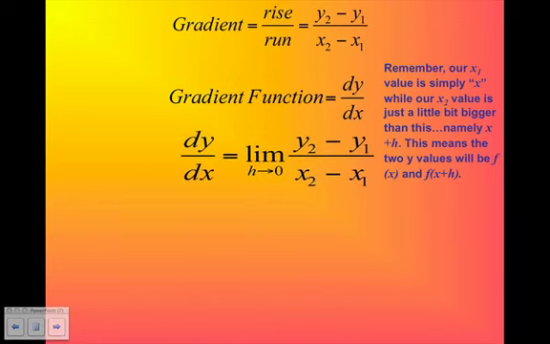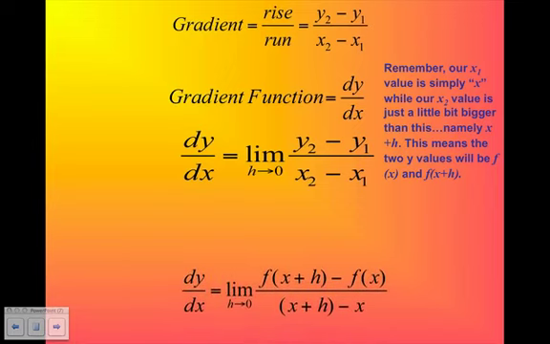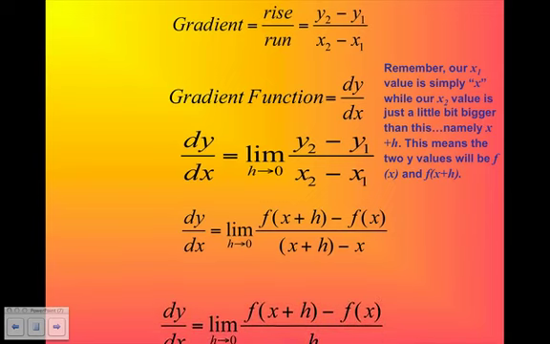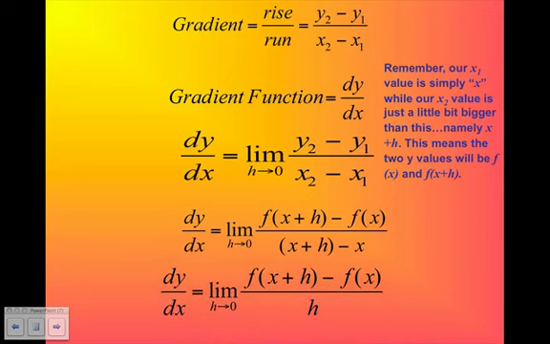So that gradient function is going to be defined as a limit as h approaches 0 of the gradient formula. There I've substituted in x1 and y1 and x2 and y2. They're the coordinates of P and Q. A little bit of simplification on the denominator leads to the formula that you really need to commit to memory.